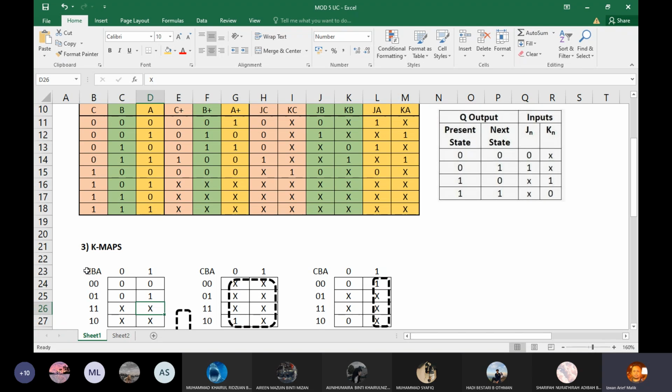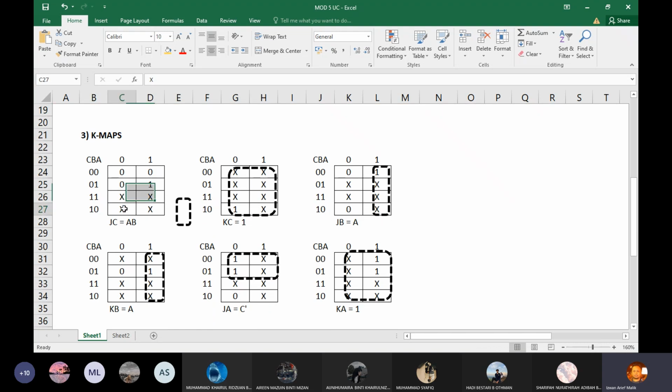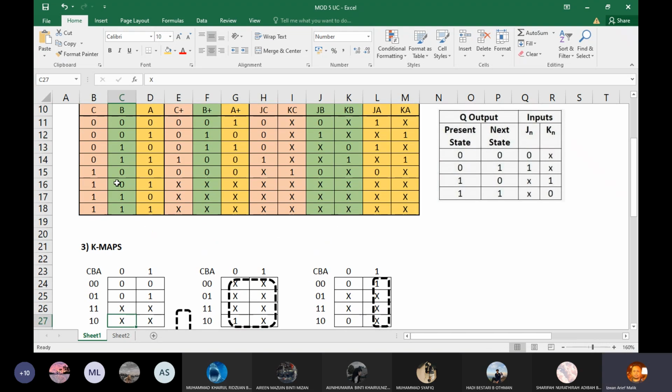So this is my CB, and the top is A. So 0, 0, 0 is 0. 0, 0, 1 is 0 as well. 0, 1, 0 is 0 as well. And then 0, 1, 1 is 1. The rest are all don't care. This is 1, 0, 0 here, 1, 0, 1 here, 1, 1, 0 here, 1, 1, 1 here.